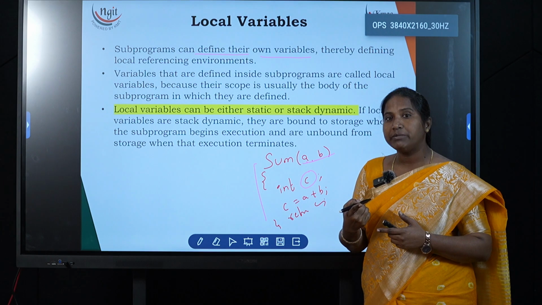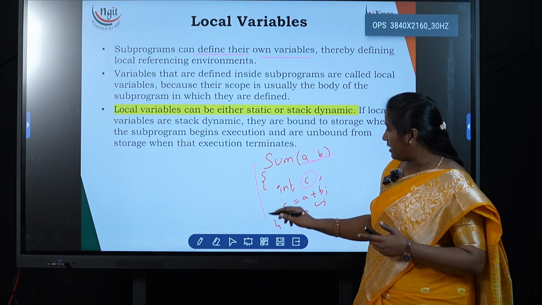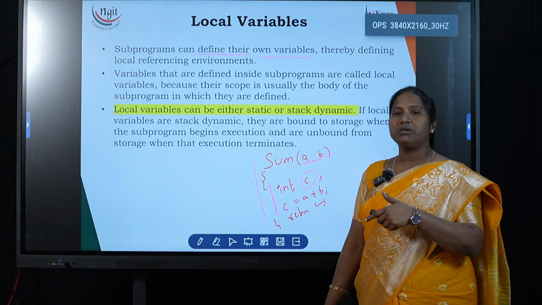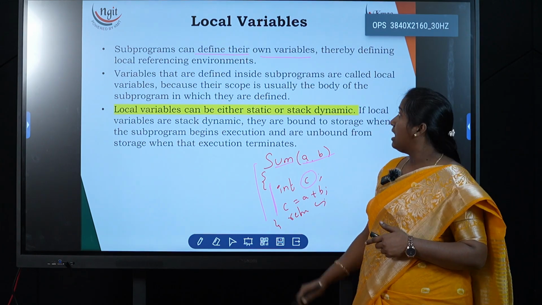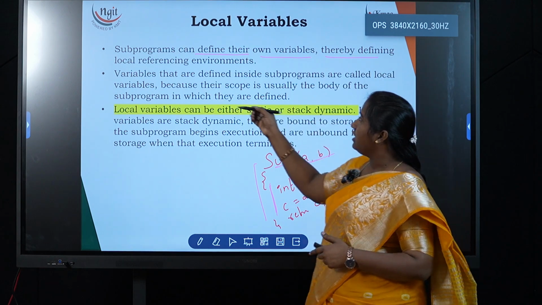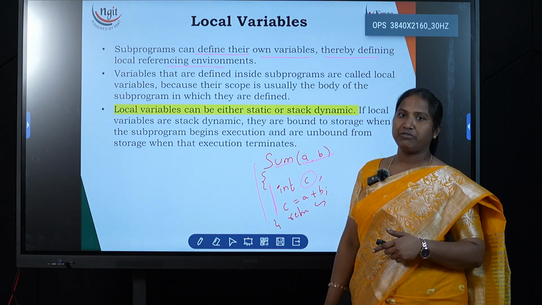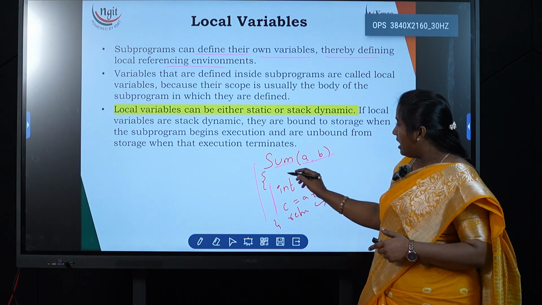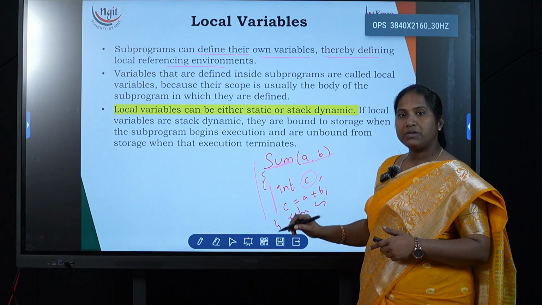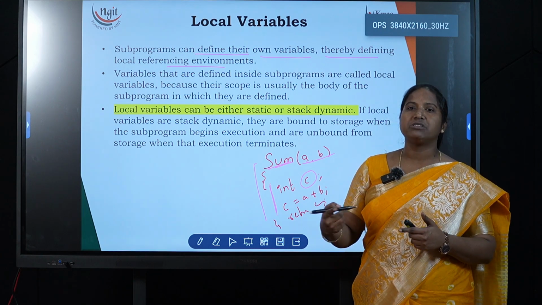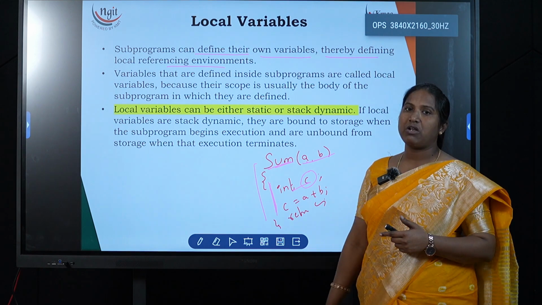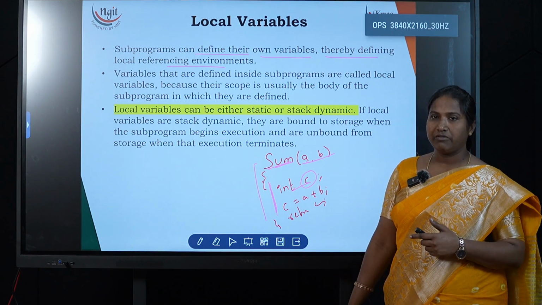What is an own variable? The variable which is defined inside this block is called an own variable of this subprogram, thereby defining the local referencing environment. The local variable which refers to this subprogram is called the local referencing environment. When you refer to a variable in the same block, it is called local referencing environment.